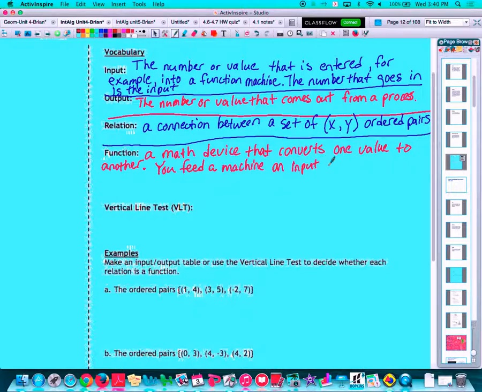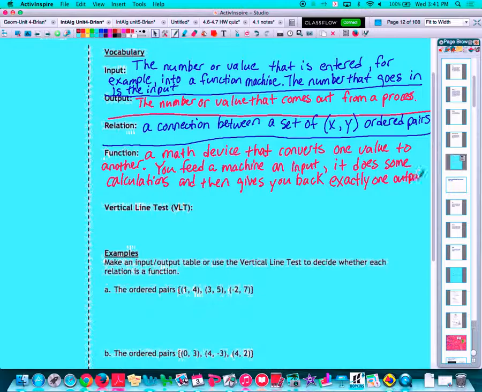So you put something in. It does some calculations. And then gives you back an output. I'm going to say exactly one output.